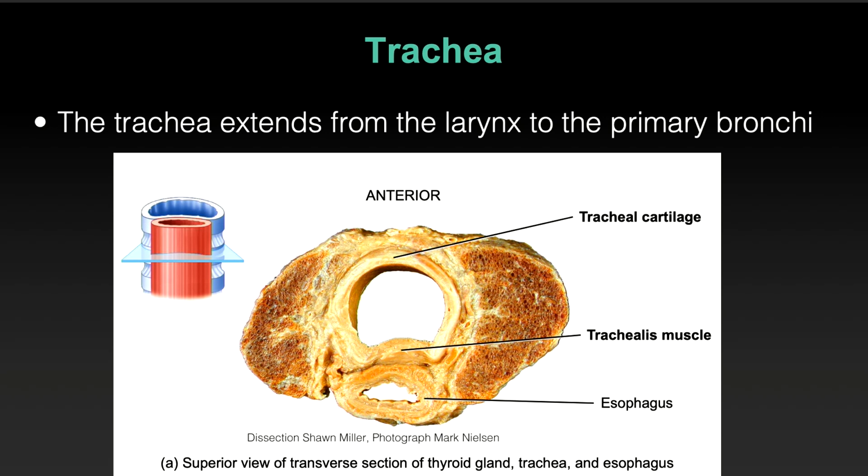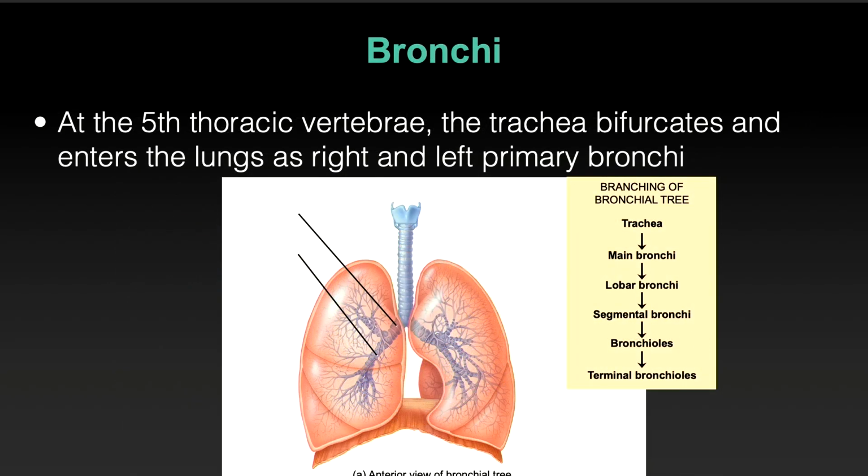But as we travel through the trachea and then get into smaller and smaller airways, the first division, I mentioned it already and you knew before coming here, are the primary bronchi. There are only 2, one for each of the lungs, right at about the 5th thoracic vertebra. The trachea bifurcates.